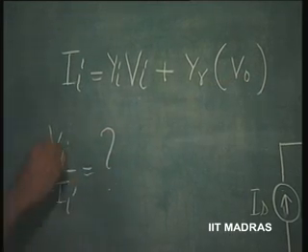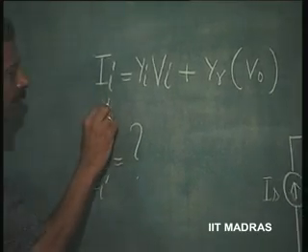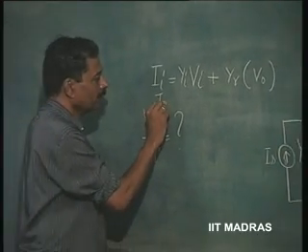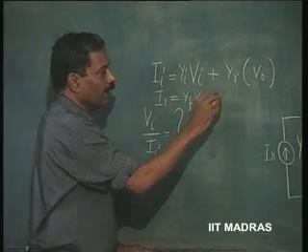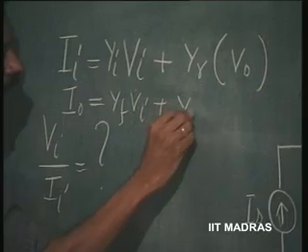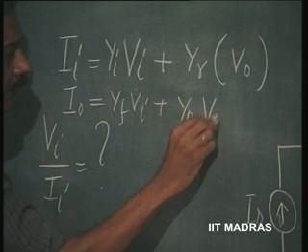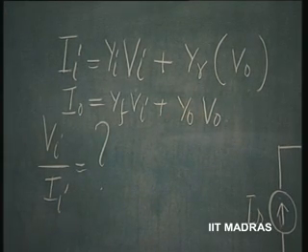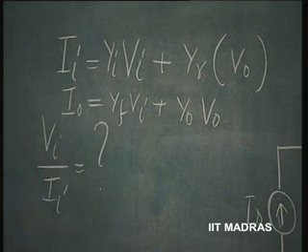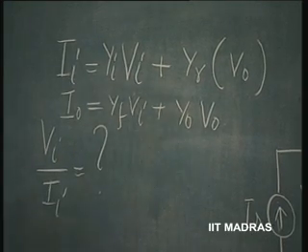So, let us see what the other equation is. Other equation is, in this case, I naught equal to Yf Vi plus Y naught V naught. This is the other equation.